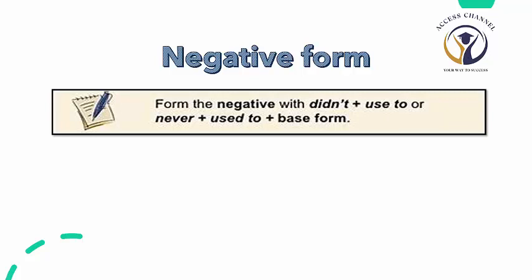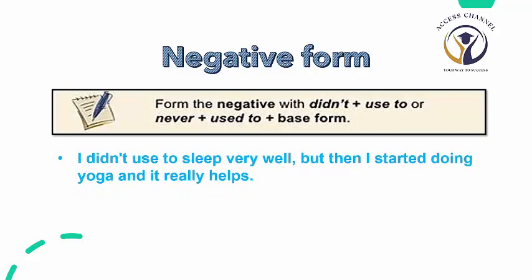So the first form of the negative is didn't use to. And the other form is using never plus used to plus the base form, or the infinitive. Let's see some examples. The first form: I didn't use to sleep very well, but then I started doing yoga and it really helps.